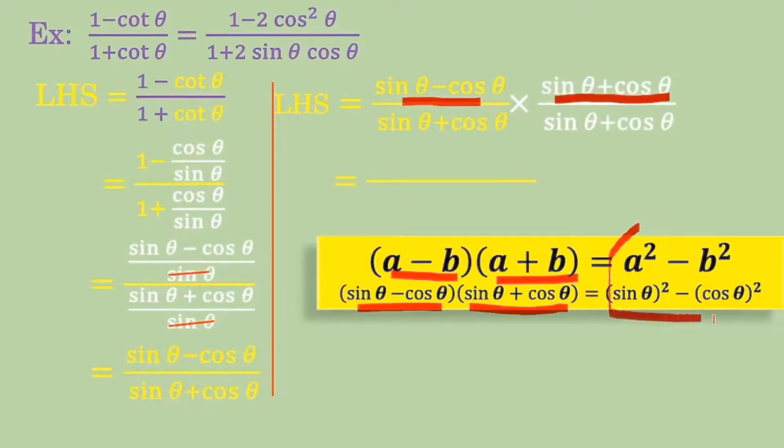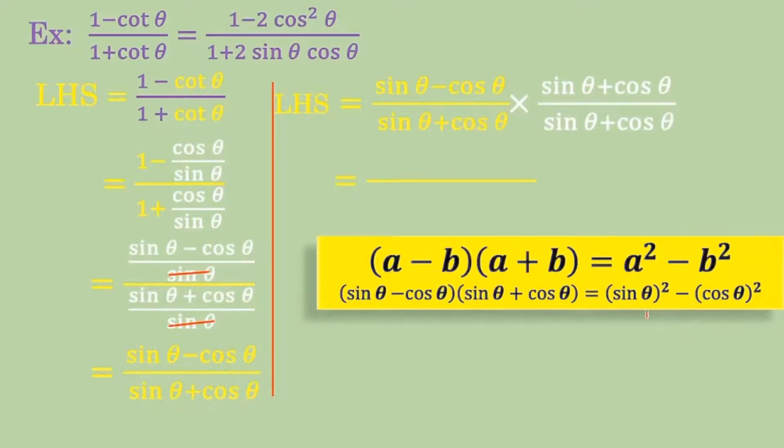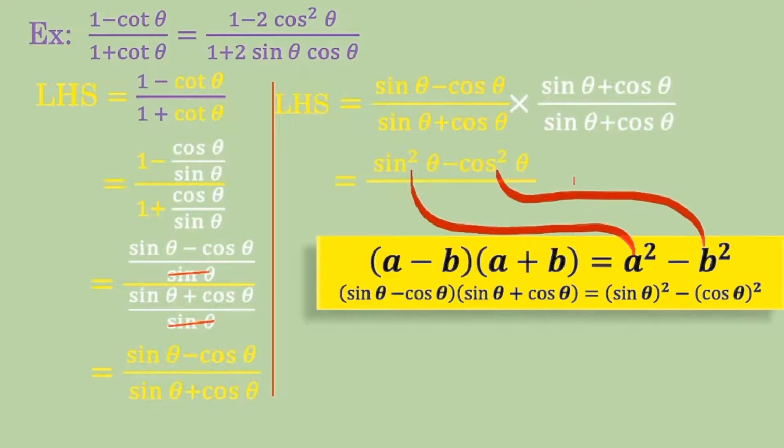Therefore, a square minus b square is equal to sin theta whole square minus cos theta whole square. That is, a square equal to sin square theta and b square is equal to cos square theta.